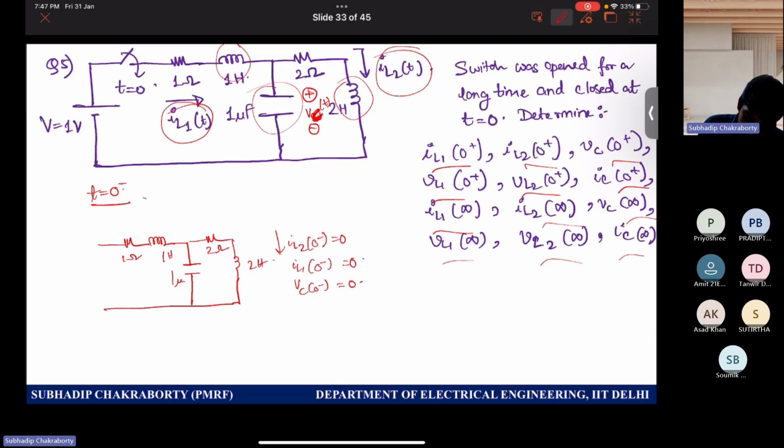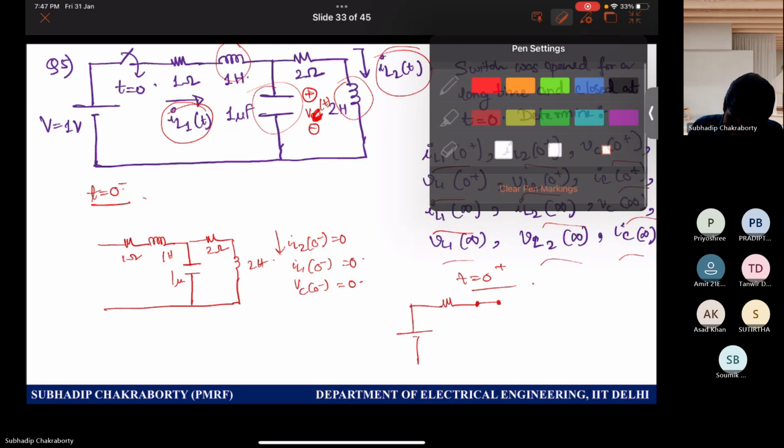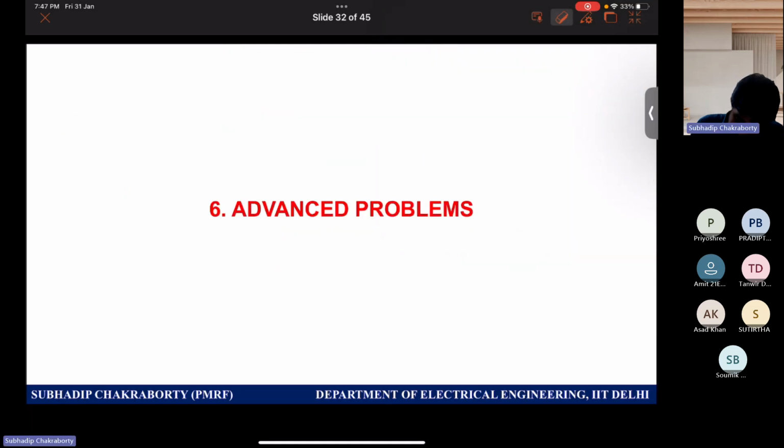And now we move to t equal to 0 plus. At t equal to 0 plus, since inductor is not bearing any current, has no initial condition, the inductor can be open circuited. Why open circuited?